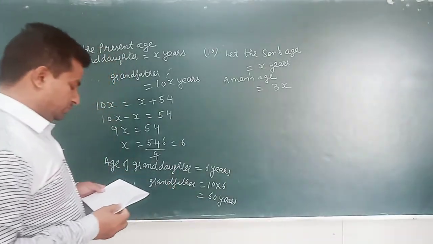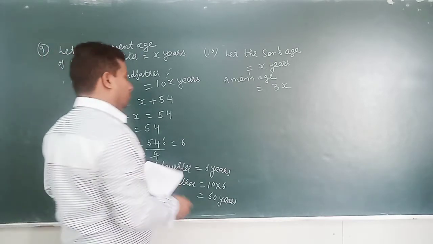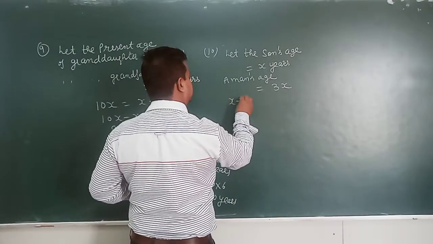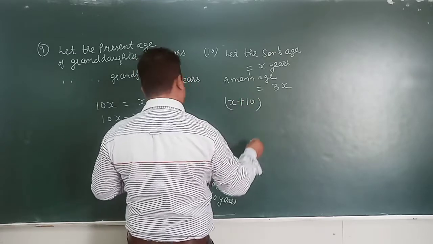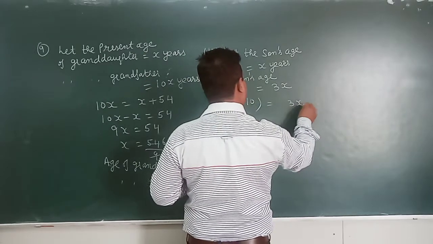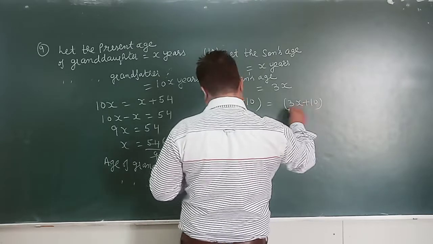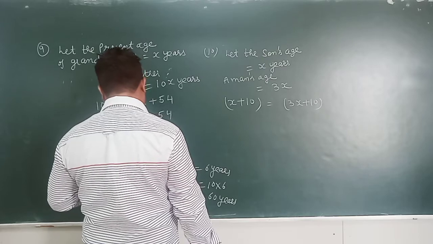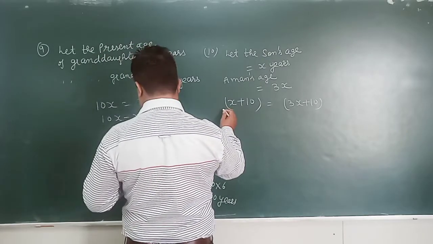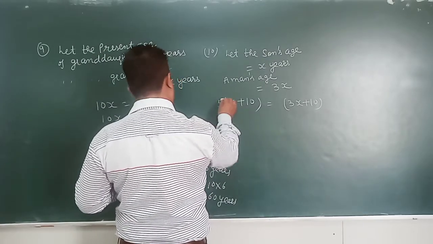Then after 10 years, Aman's son's age is x plus 10 and his age is 3x plus 10. Then according to the question, his age is 5 times.